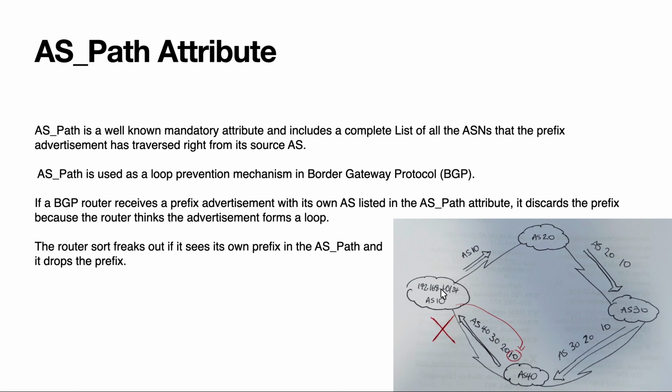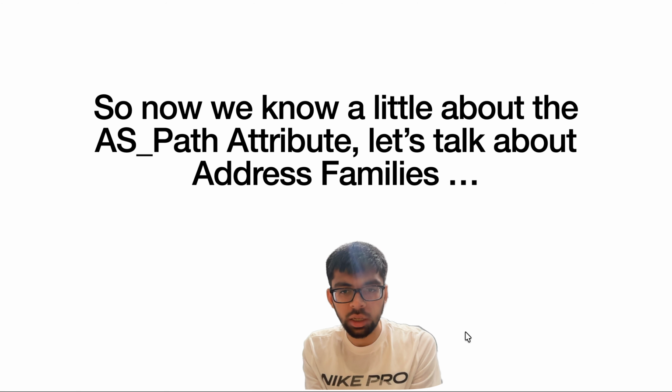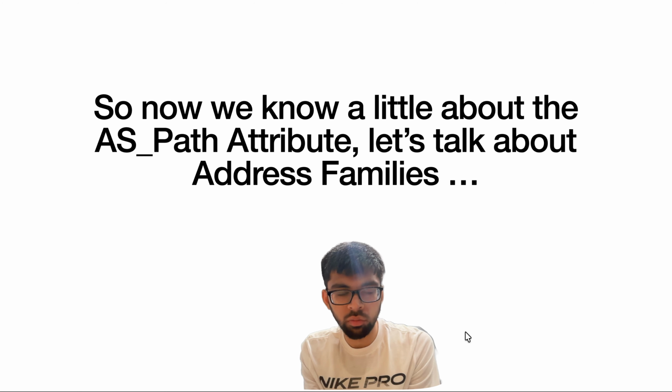AS10 here sees its own ASN in the prefix advertisement. That's why it drops the advertisement, it discards that prefix. Now we know a little bit about the AS path attributes.